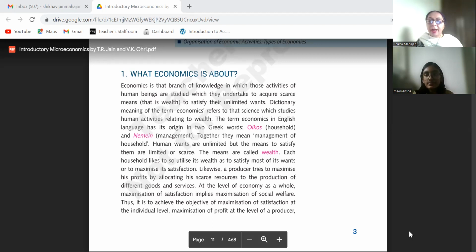So first, human has unlimited wants and they all have different choices, right? So it's not easy to allocate or make use of resources to serve the society, right? Because our resources are limited, correct? So that is the reason this is a specialized knowledge in terms of economics that we are studying, correct?